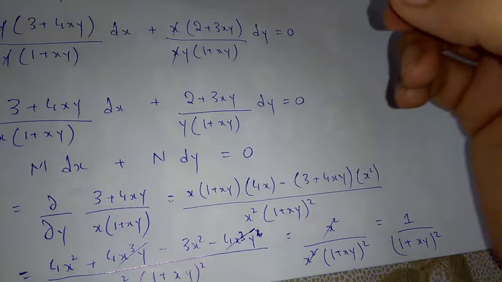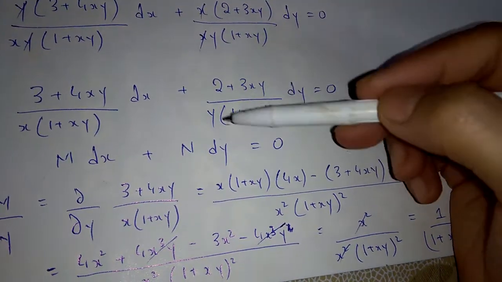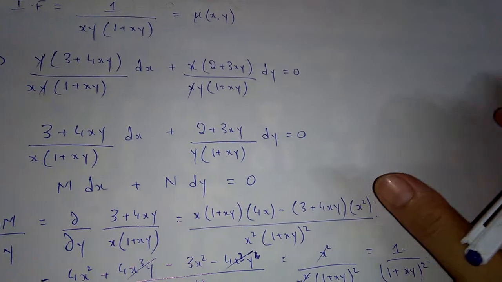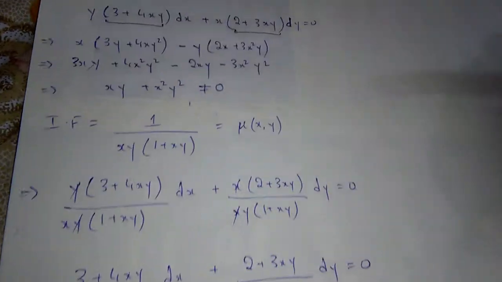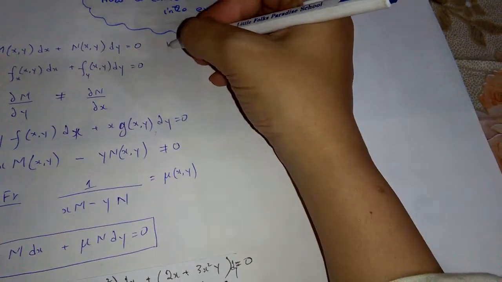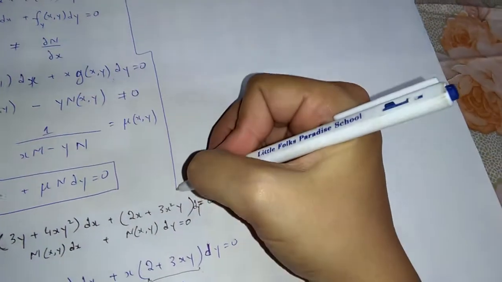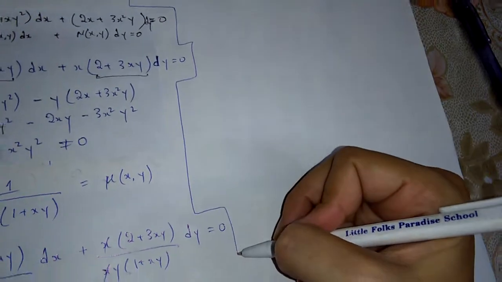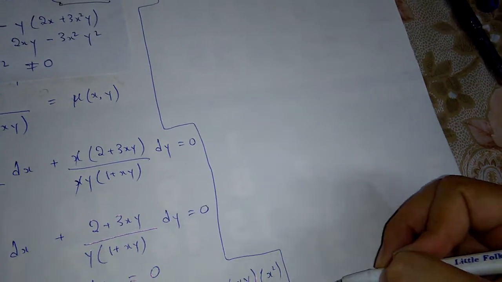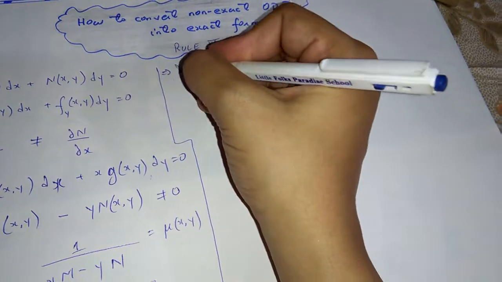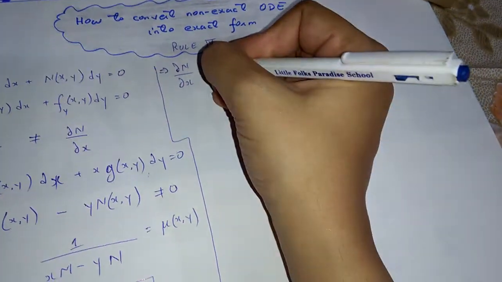Okay, now I'm going to take the partial derivative of this N with respect to x. I should get the same answer. Let me make a nice demarcation. So now I'm going to take the derivative of N with respect to x.